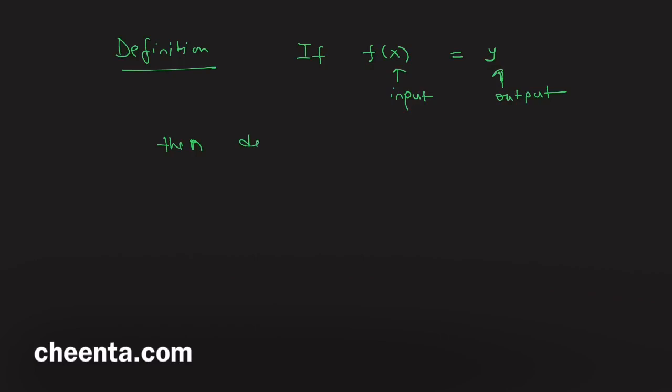So let me define the inverse function very clearly. This is a definition. If f of x, x is the input, is equal to y, which is the output, then define f inverse of y is equal to x.